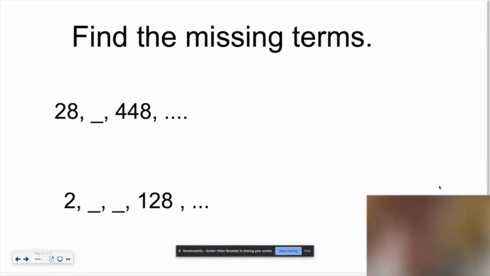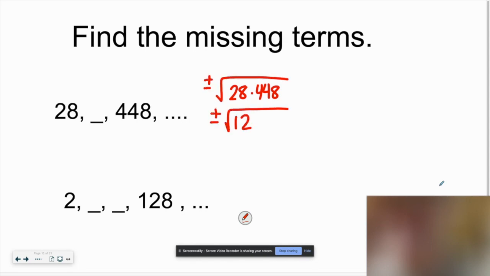So for example, if I take 28 times 448 underneath the square root with the plus or minus, I get 12,544. And if I take the square root of that, I get 112. So I look at this and I say, is it possible for this to be positive or negative 112?